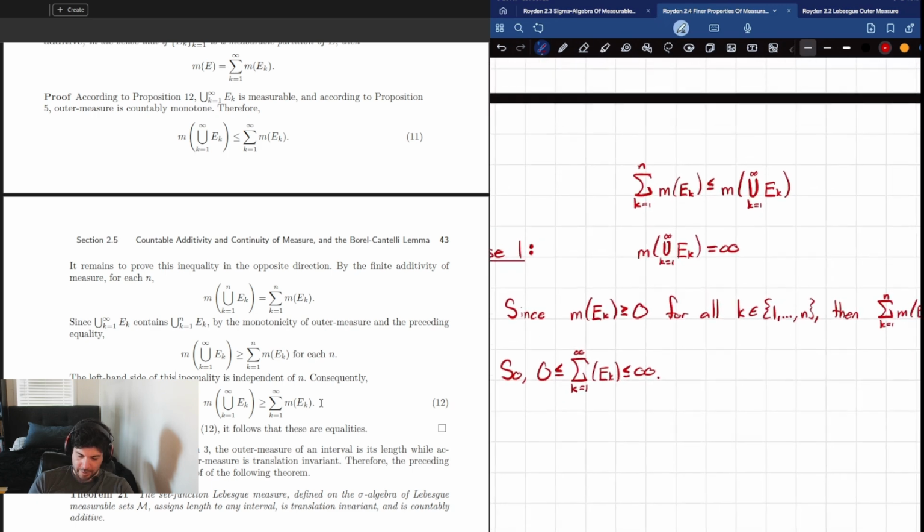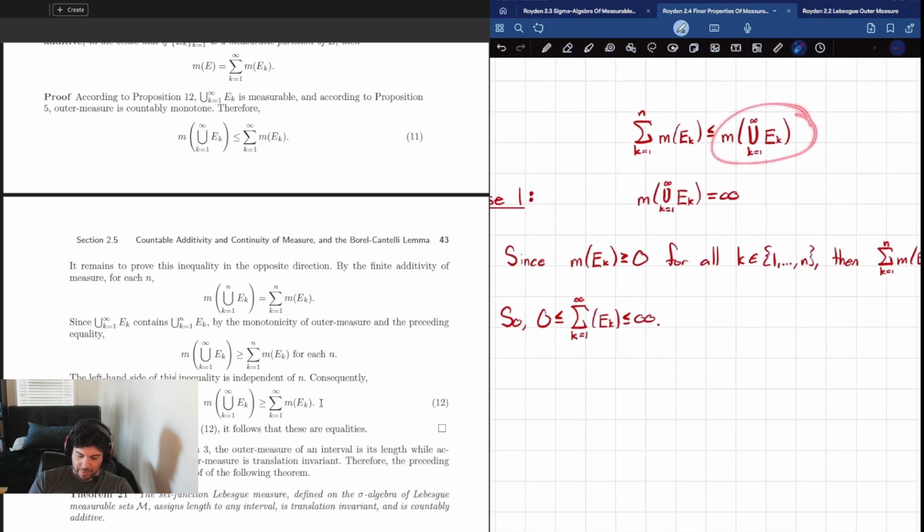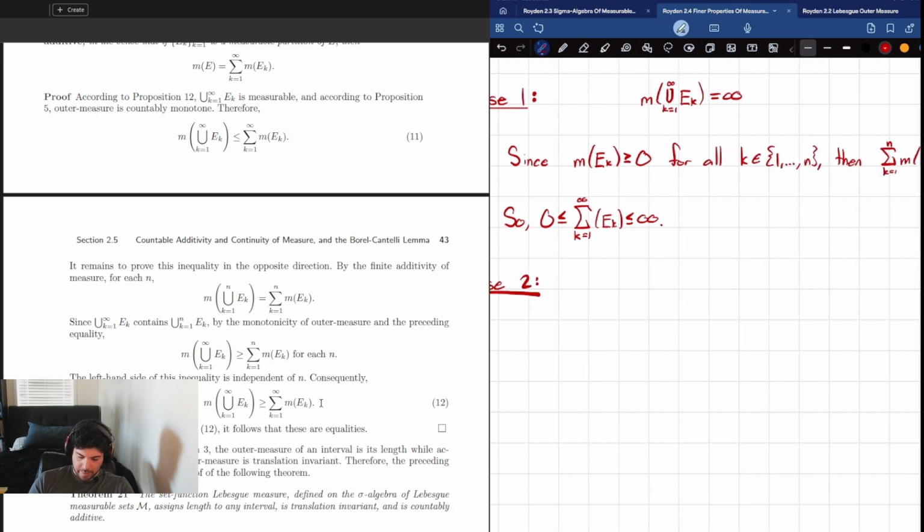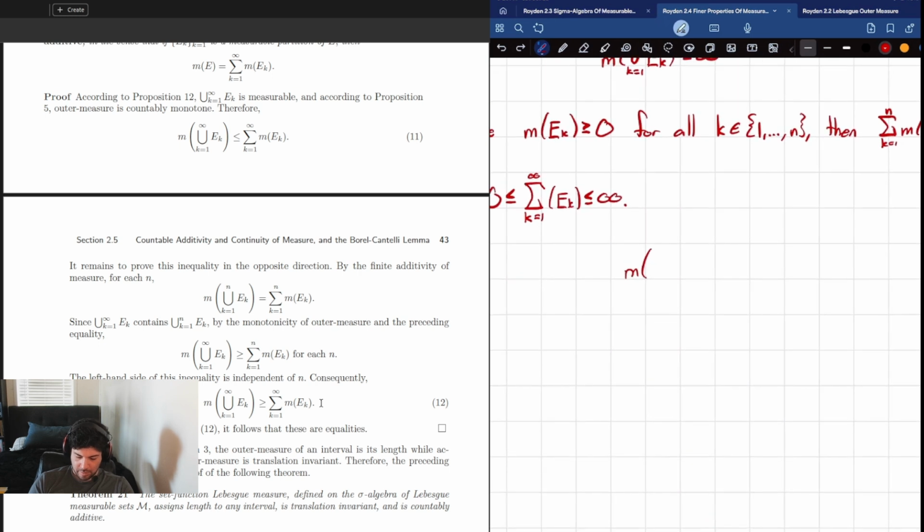So if this is infinity, then this inequality is always going to be true because this is either going to be finite or infinity. The only issue we would have had is if this was negative infinity, but that's not possible. And then case 2 is this is finite. That's less than infinity.